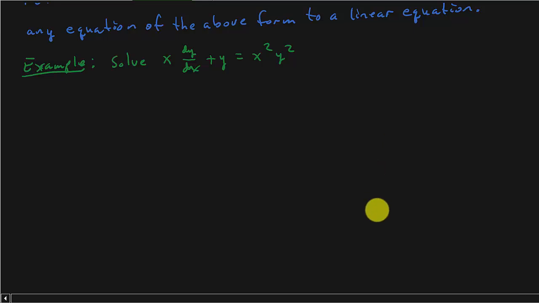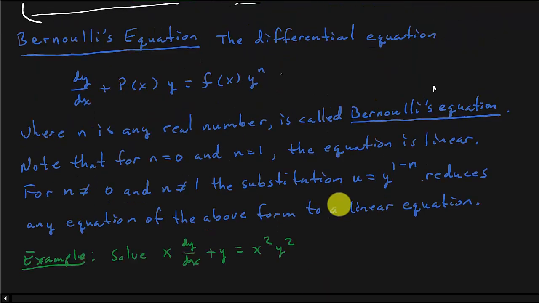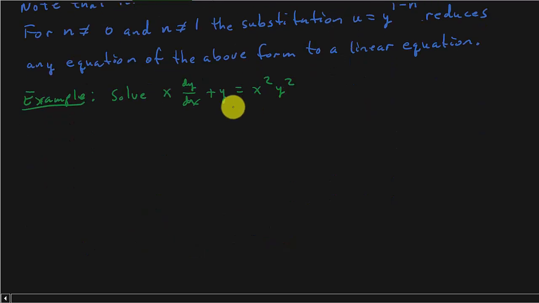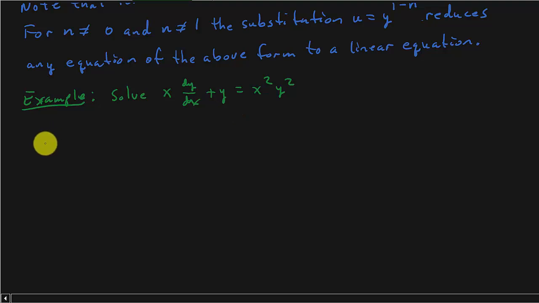All right, so let's go ahead and get this in this form here. So we're going to divide everything by x. When we do that, we're going to get dy/dx plus 1 over x times y equals x times y squared.